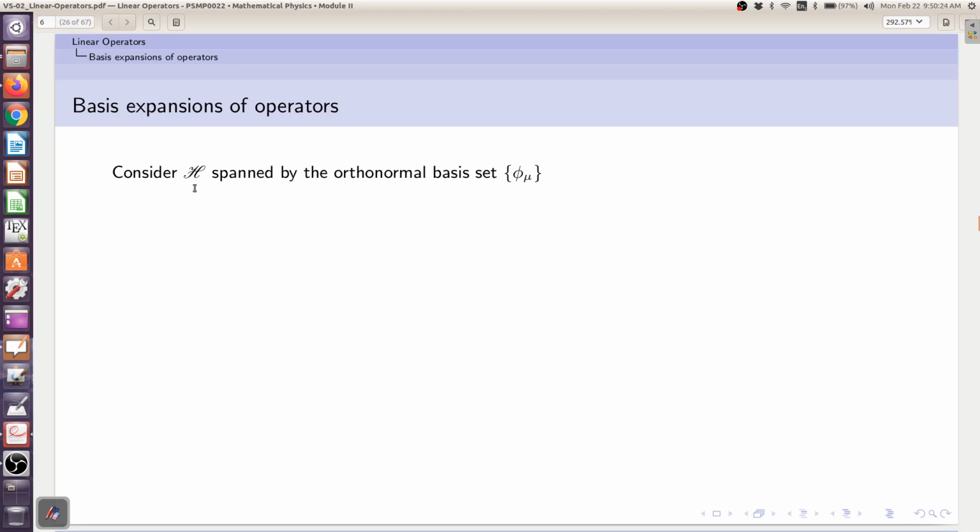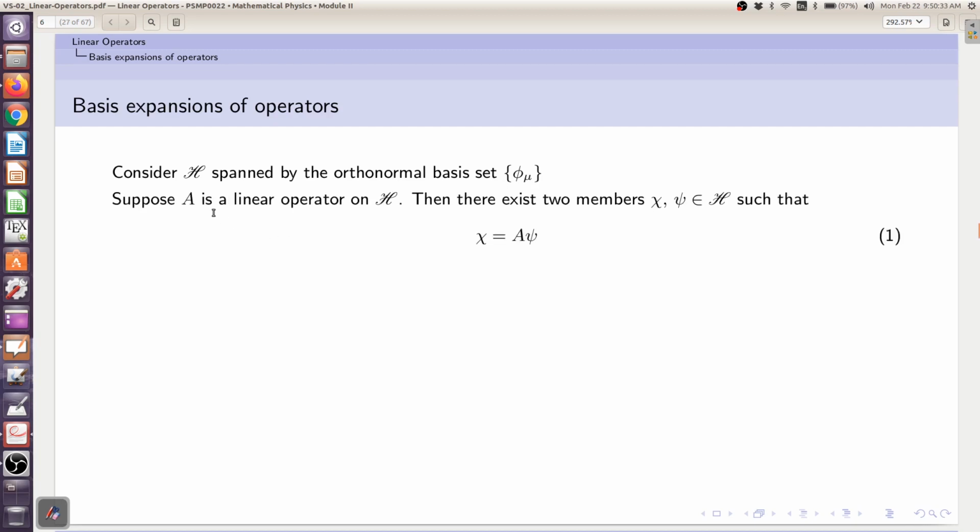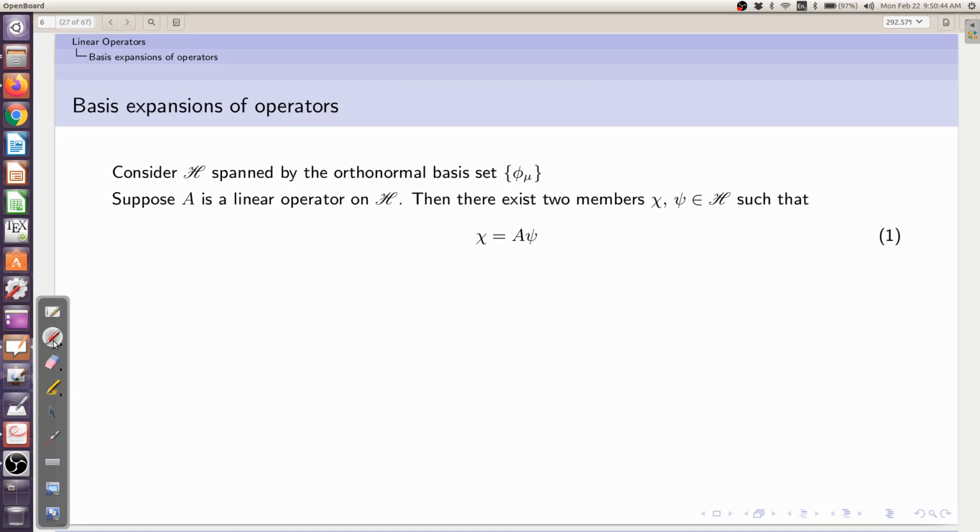So let's consider a Hilbert space which is spanned by an orthonormal basis set phi mu, where mu is the index that we are using here. Then suppose A is a linear operator on the Hilbert space. Let's say this is my entire Hilbert space, and A is an operator which is defined on it.